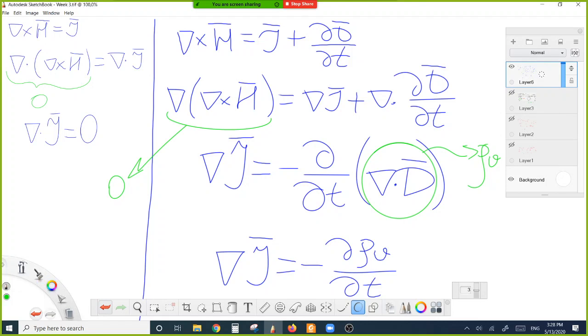So this equation is exactly the continuity equation. We have already seen this equation also in our previous lessons.